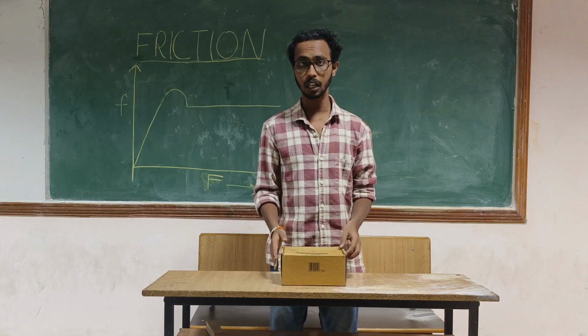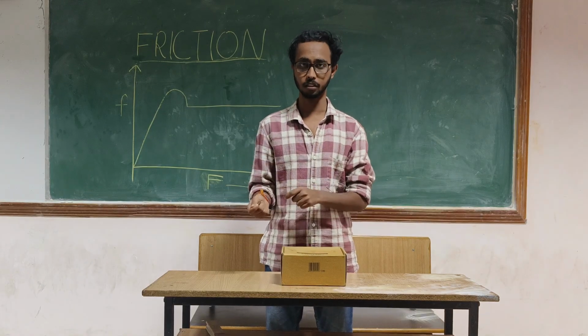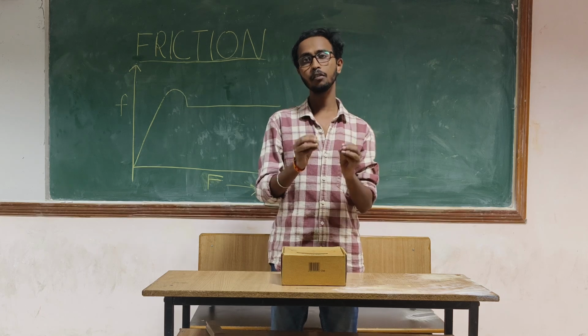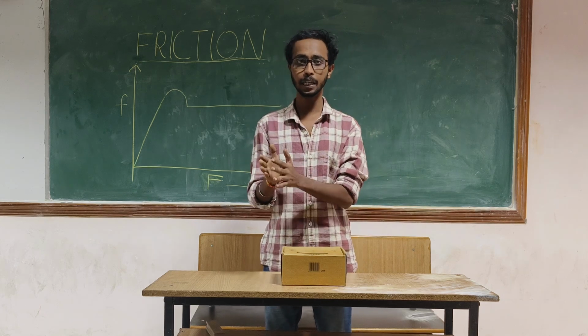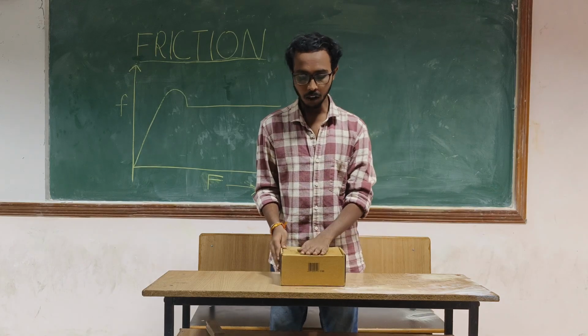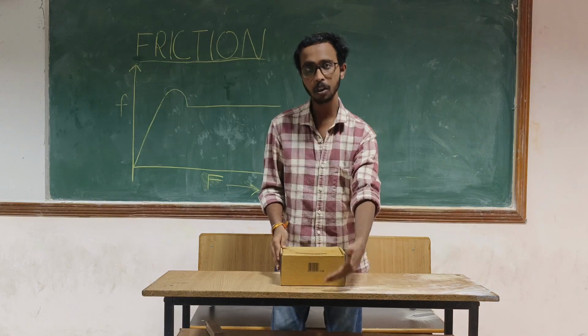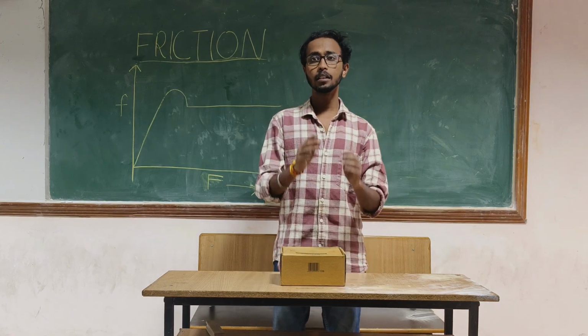According to Newton's third law, every action has an equal and opposite reaction. So every force exists in a couple, a pair. The friction will be acted by the box on the table. In the same way, the friction will be acted by the table on the box.